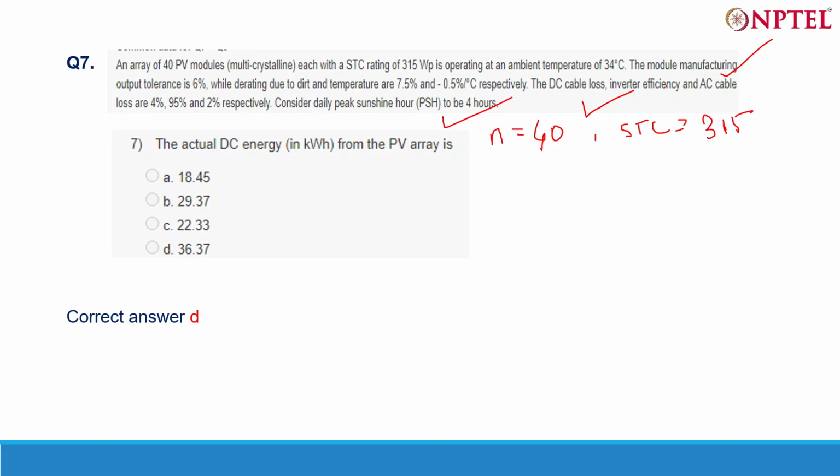Manufacturing tolerance is given 6%. So let's say MT equal to 6%. So MT will be 0.94, 100 minus 6%. Okay. And derating due to dirt is given also. So let's say D, derating due to dirt, it's given 7.5%, so it will be around 0.925. Okay.